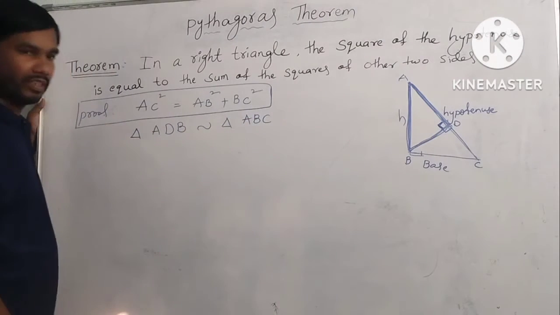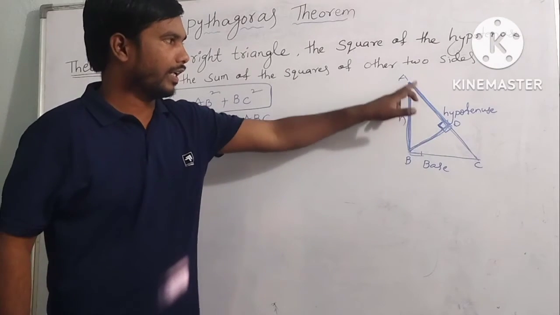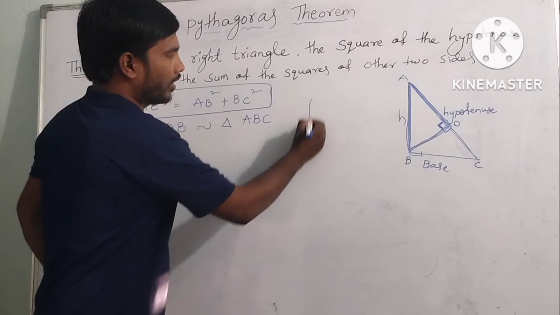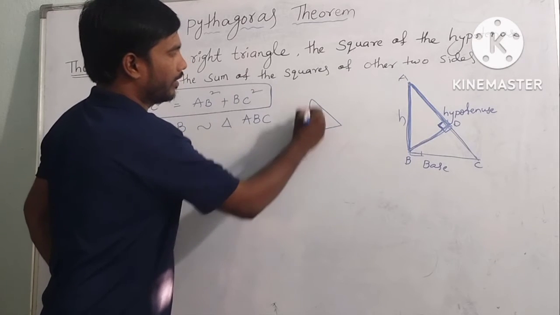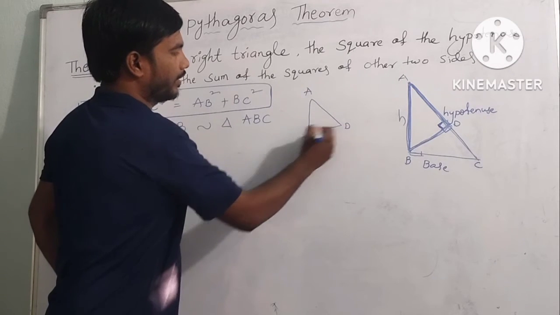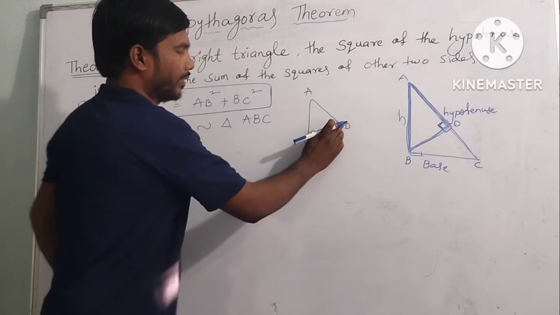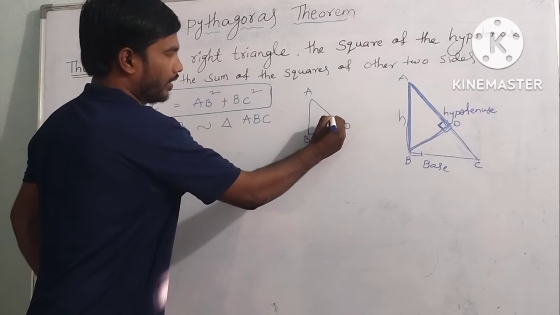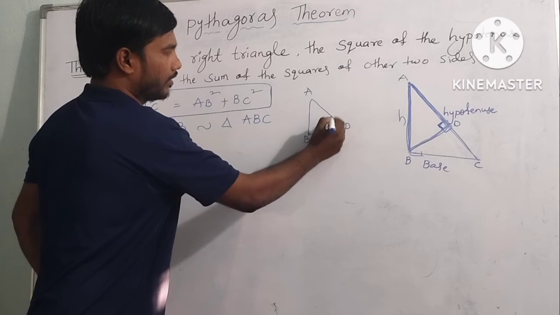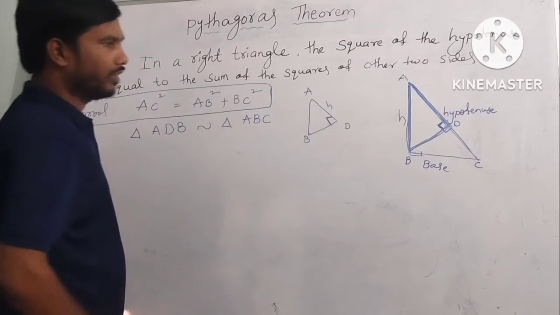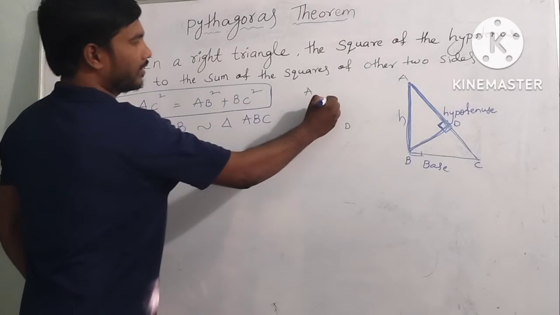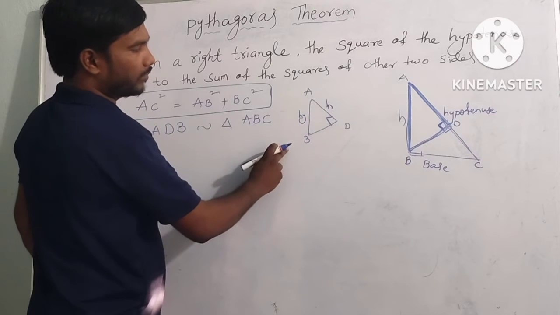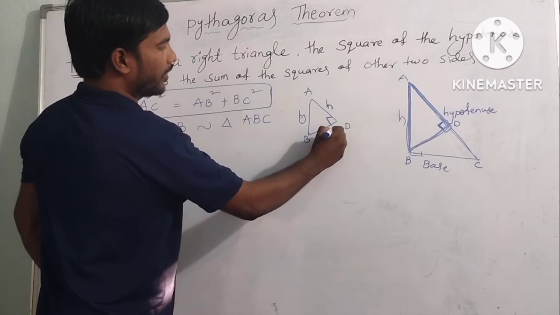If you take the smaller triangle ADB, the right angle is here at D. So this is the height of the smaller triangle, this is the hypotenuse of the smaller triangle, and this is the base of the smaller triangle.